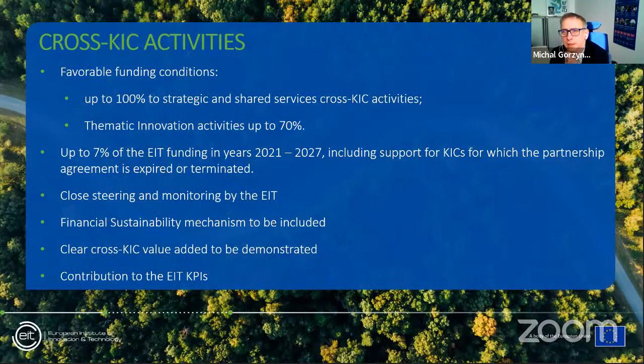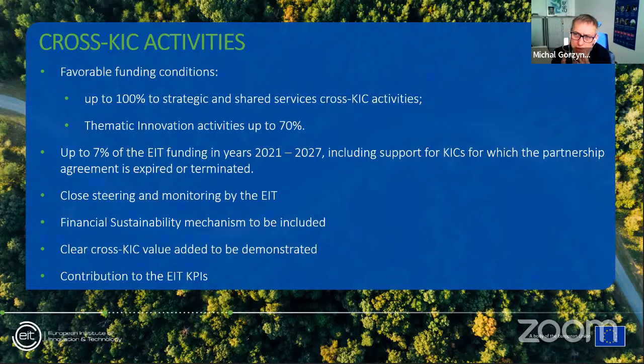A few more words about key characteristic features of cross-KIC activities. They are all important, but maybe for their strategic relevance, and sometimes not having a clear outcome in the form of products and services but rather building synergies, those activities are financed up to 100%.